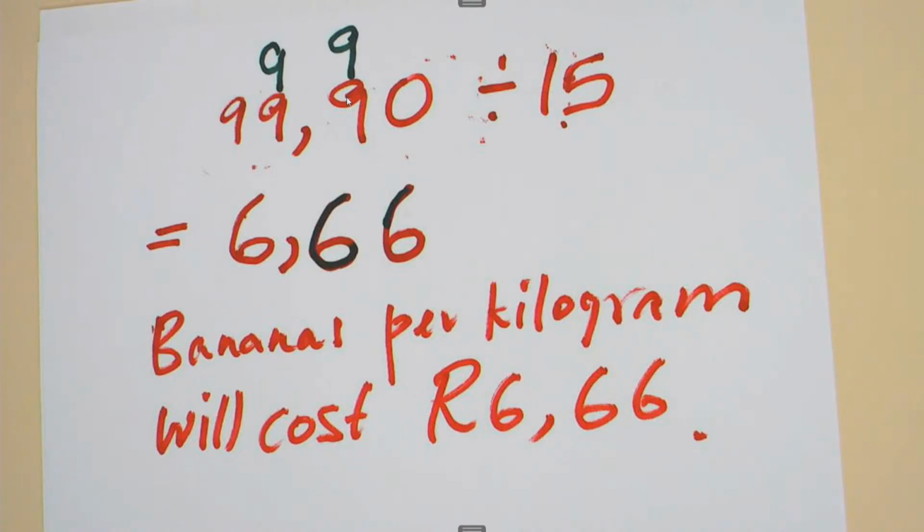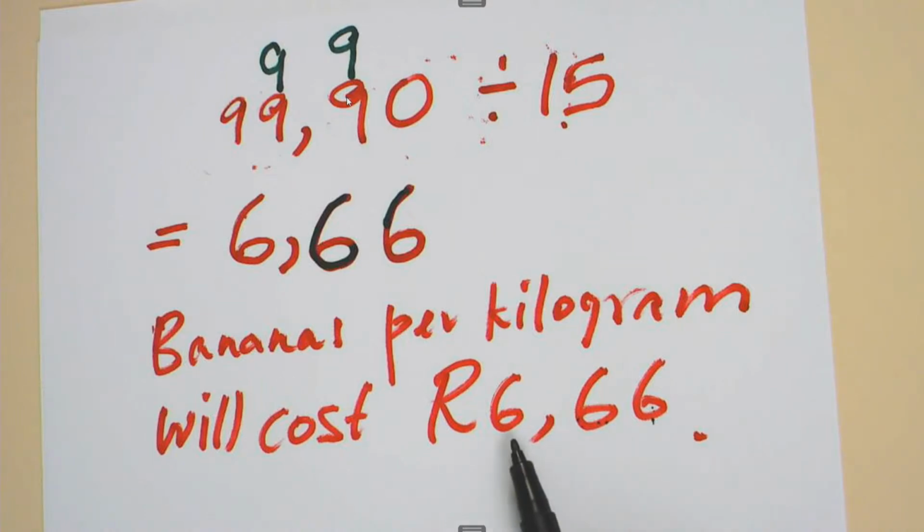Now, if the examiner asks you to round it off to one decimal place, then you get 6 rand 7, which is 6 rand 70.